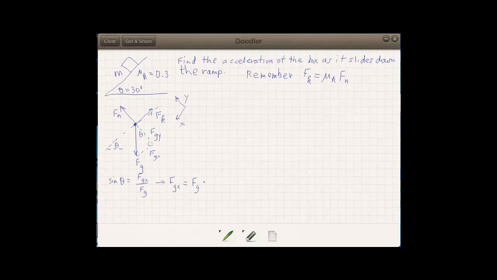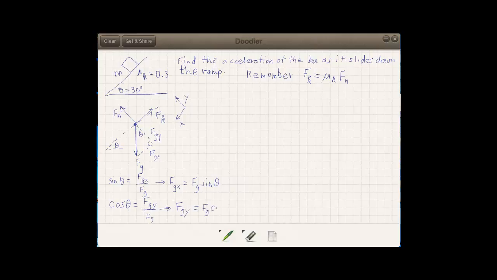That's important. Then we move on to the cosine, and by doing exactly the same thing, we can see that the cosine of that angle is Fgy, the adjacent side to the angle, divided by the hypotenuse, Fg. And one more time, we can solve for the component Fgy, and that's equal to Fg cosine theta.